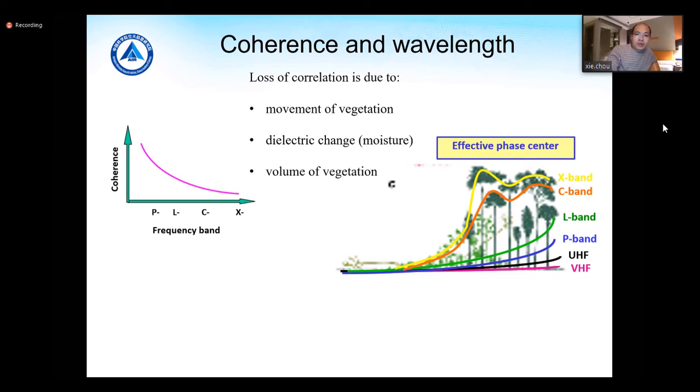The loss of correlation is due to the movement of vegetation or the dielectric change or the volume of vegetation. Because the X-band gets the return signal from the canopy of the forest, and the P-band can get the information from the ground. It can penetrate the surface of the forest.